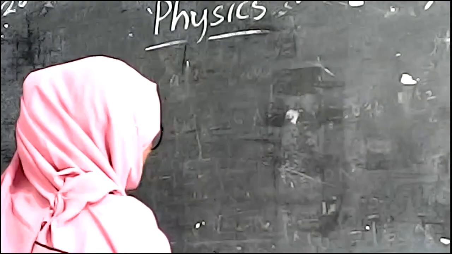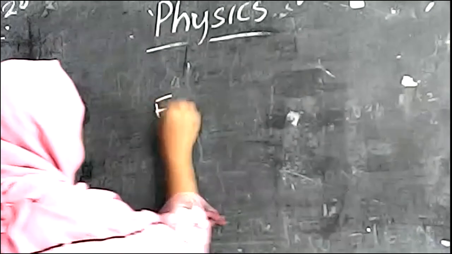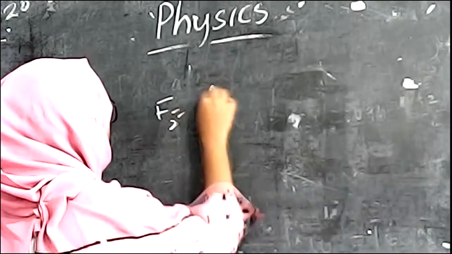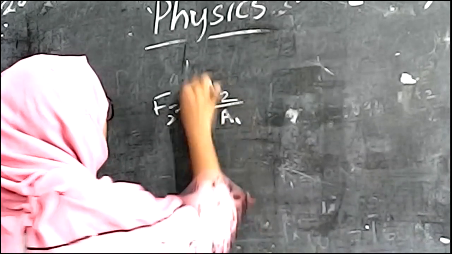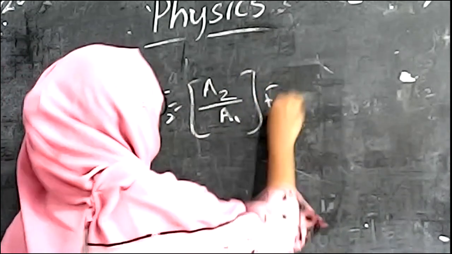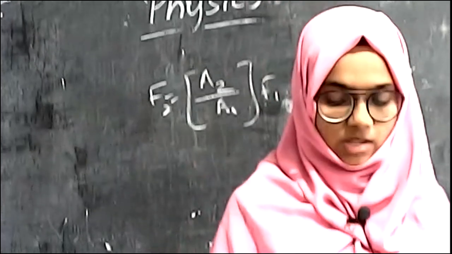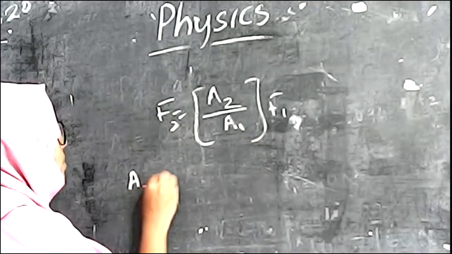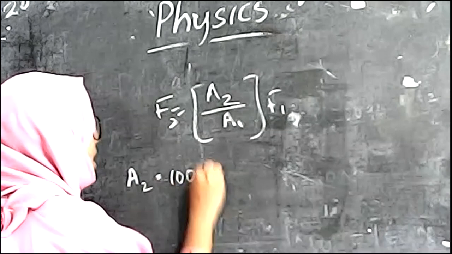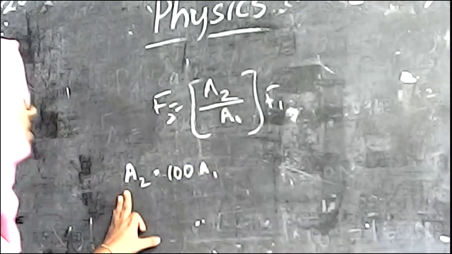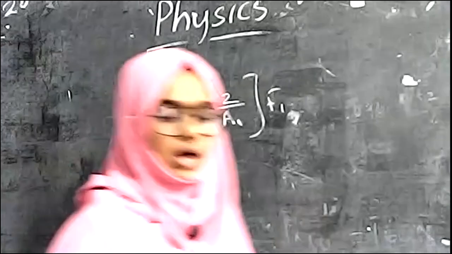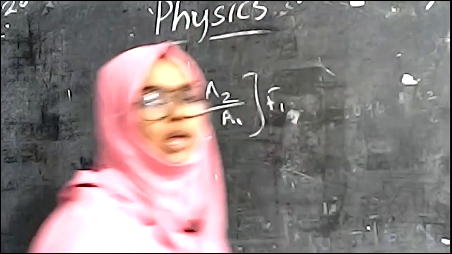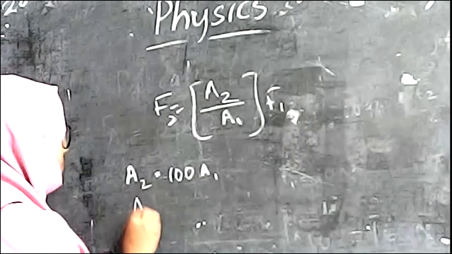In Pascal's law, we write that F2 is equal to A2 by A1 into F1. From here, the area of cross section of the second piston is taken as A2 is equal to 100 A1, and A2 by A1 is equal to 100.